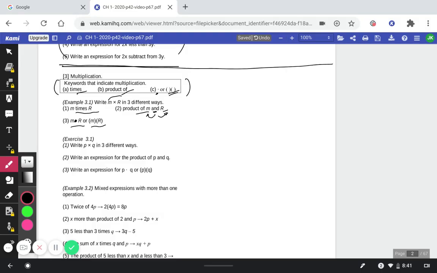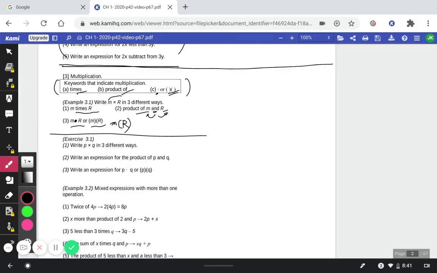Or you write in parentheses, like a quantity of m with a quantity of r, or m with a quantity of r. They all represent multiplication. So if there is a number or letter in front of parentheses, then it's multiplication. You're multiplying that expression with whatever is in the quantity of that parentheses.